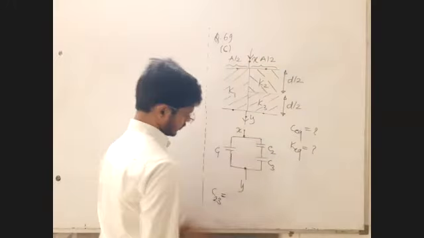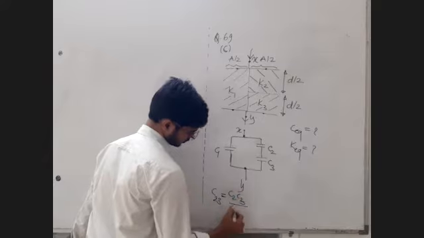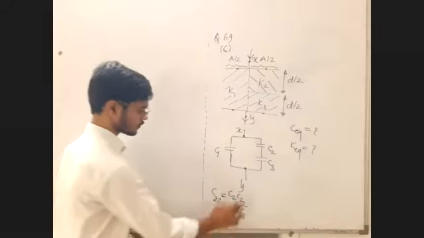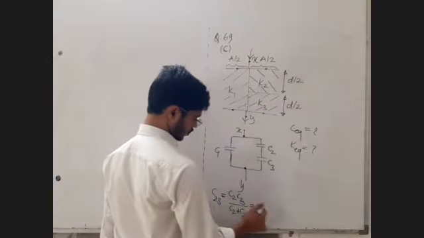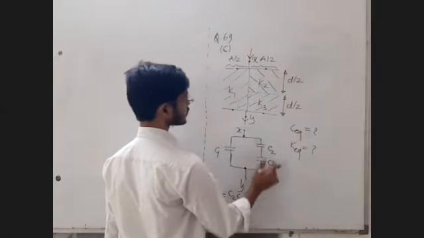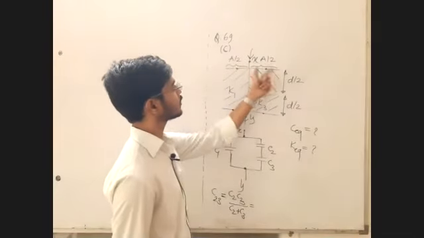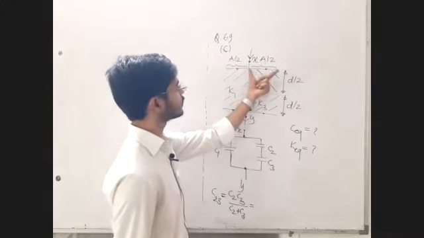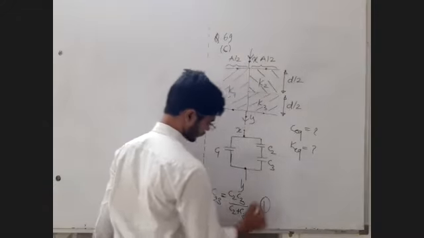These are in series, so C2 C3 upon C2 plus C3. What is C2? C2 is A2 K2 epsilon 0 upon D2. What is A2? Area is A by 2 and not A. Let us call this equation 1.